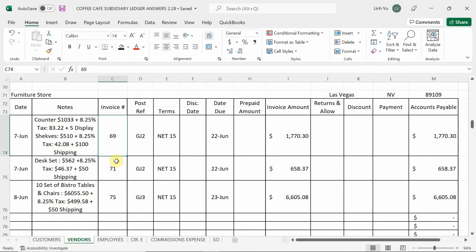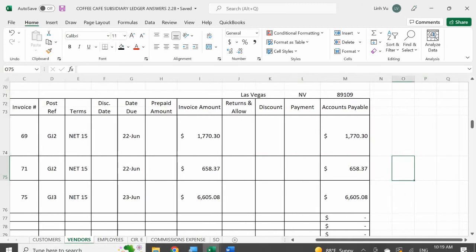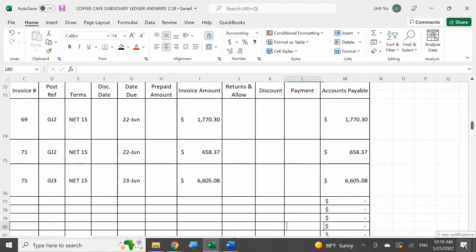1,770.30. Okay. What about invoice number 71? How much do I owe on that? 71 it's 658.37. Okay, so in this case, I need to combine these two because I am making a payment.